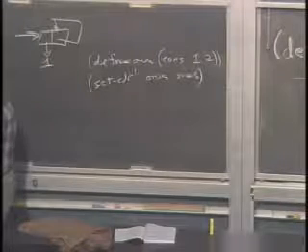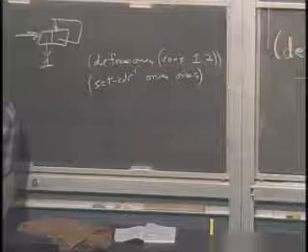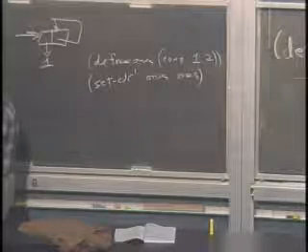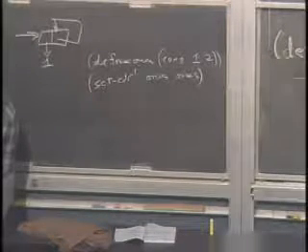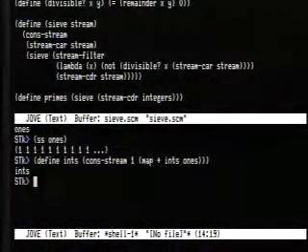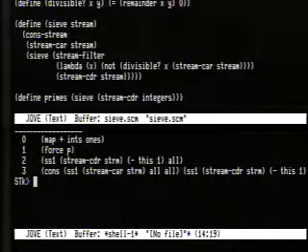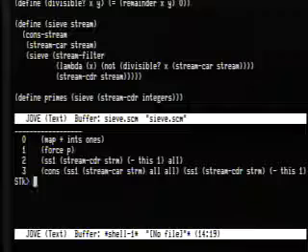I can say define ints constream 1 nat plus ints ones. Oops. Uh-oh. What happened?